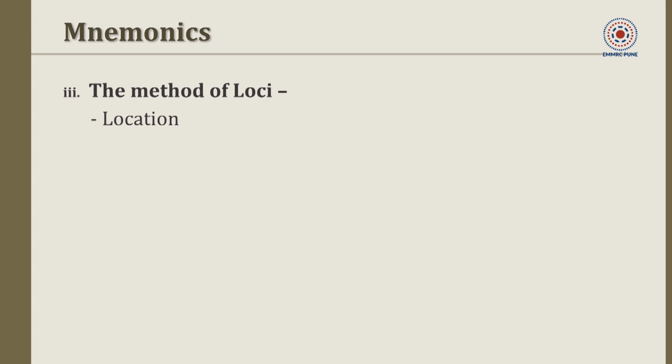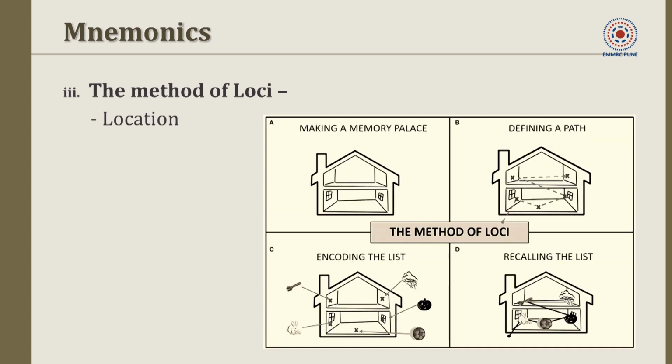Loci means location. In this technique, first you picture a familiar room or series of rooms or a house. Each piece of information that you want to remember is then placed at different locations of the room. For example, imagine your house.